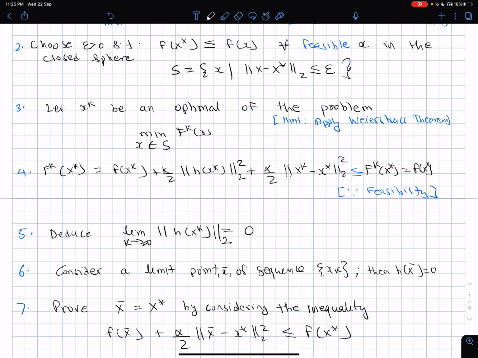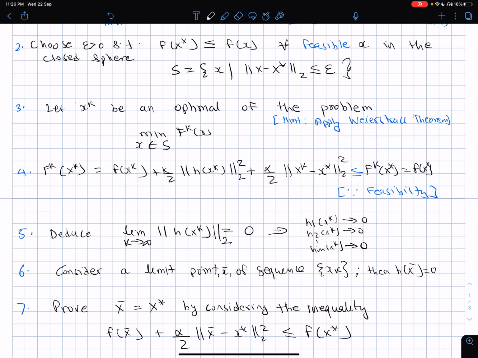If this happens, this is what I am going to deduce, then it will imply that this goes to 0, this goes to 0, and each of the points in the sequence later on, x1, x2, x5, x10 and so on, the sequence will tend to become a feasible sequence.